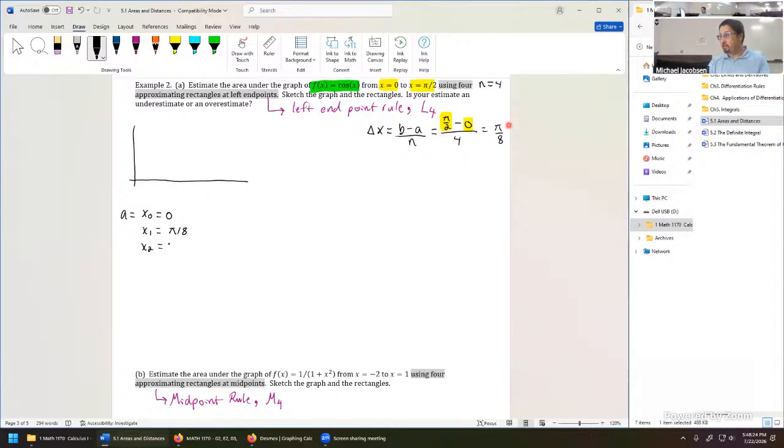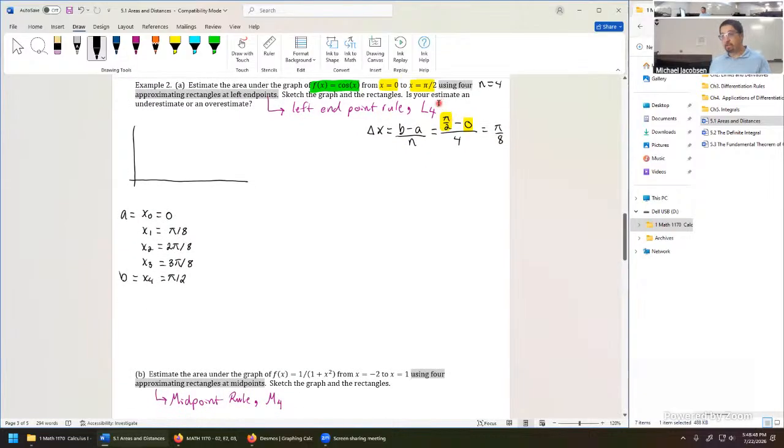X2 is going to be 2 pi over 8, or pi over 4 if you prefer. X3 is going to be 3 pi over 8. And X4 is going to be 4 pi over 8, but that's also just pi over 2 if we reduce. Let's write this as pi over 2 to emphasize that's the upper value, b. So those are all the points.